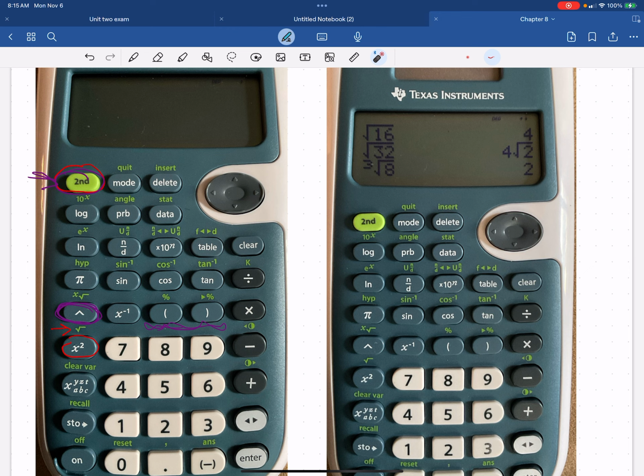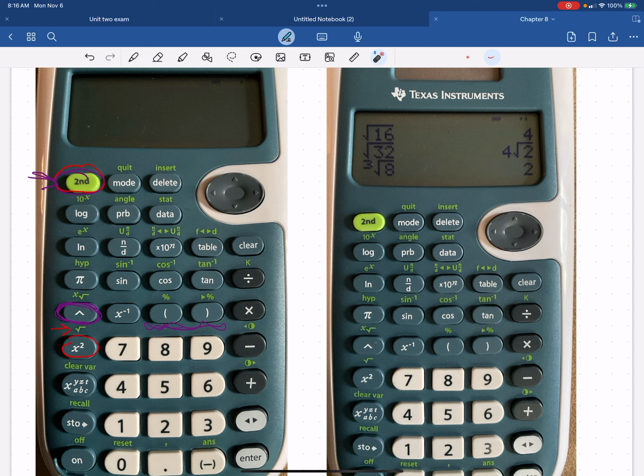So in order to get a cube root, or a fourth root, or a fifth root, the key we're looking at is this x square root. So that little x there lets you know that I need to put a number there first. So I would put in what root I need, then second, and then this guy, and that will give me this 3 square root, and then I can type in my number 8, and I'll get the answer 2.